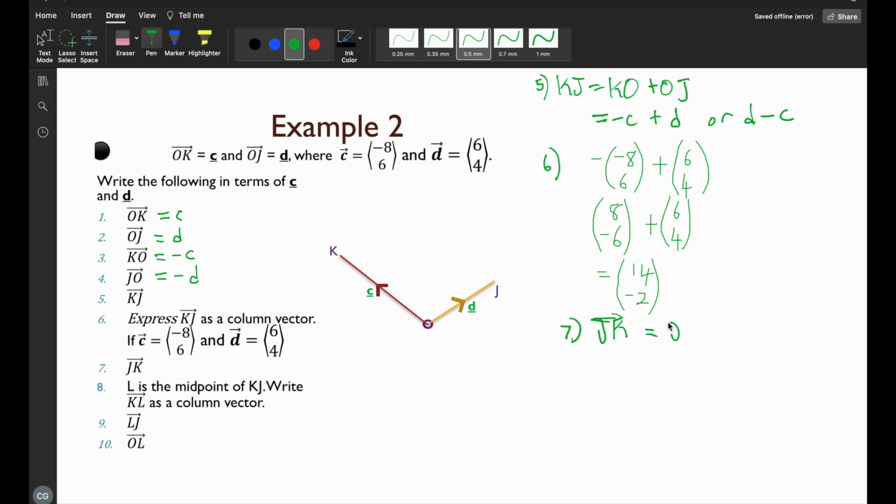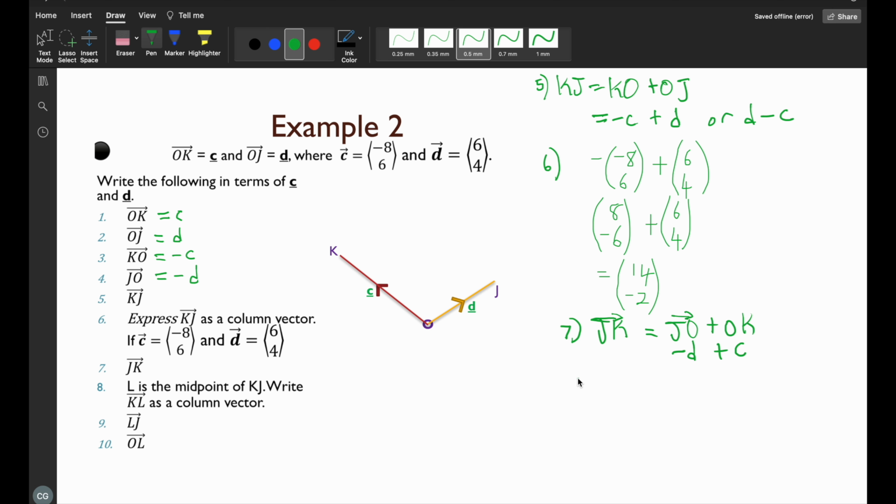J to O plus O to K. J to O goes the opposite direction of D, because the arrow tells us D goes from O to J. So J to O is minus D, because we're going against this arrow. Then O to K is in the direction of the arrow, so it's C. So minus D plus C.